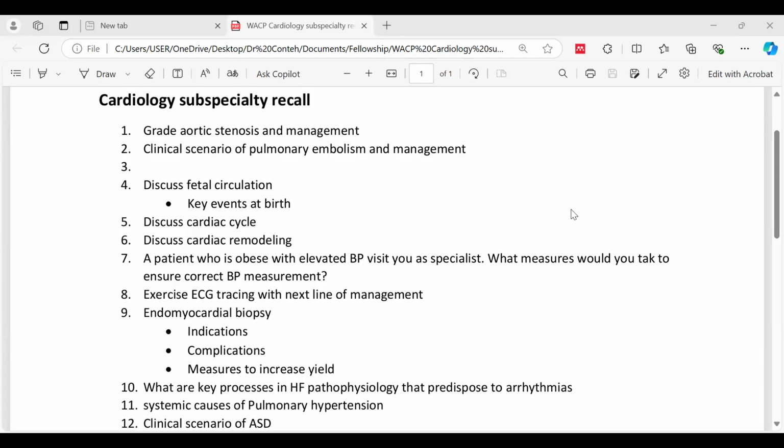But for transforming growth factor, reduced matrix proteinases. And so once this happens, it encourages laying down of collagen on the heart muscles, leading to this remodeling. Now, further discussing this remodeling, we may want to look at it based on the structural and functional changes, as well as cellular and molecular changes.